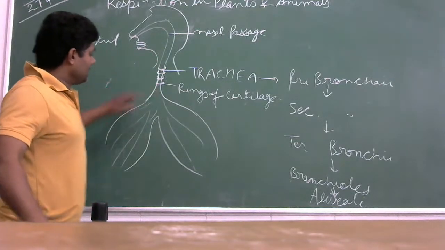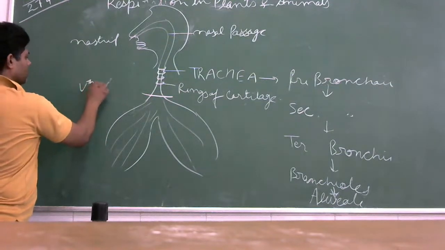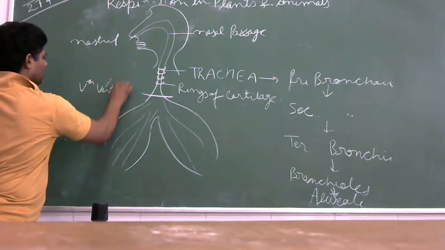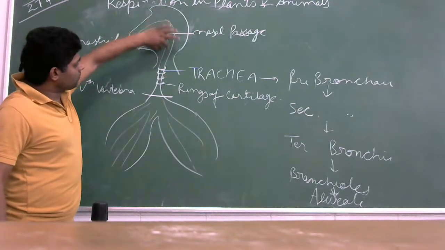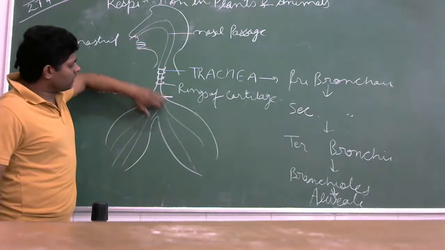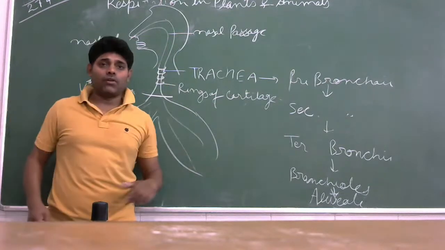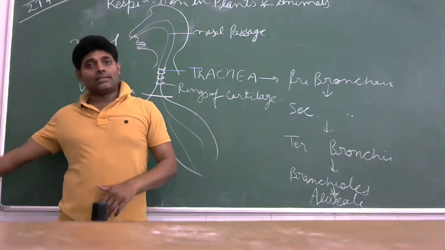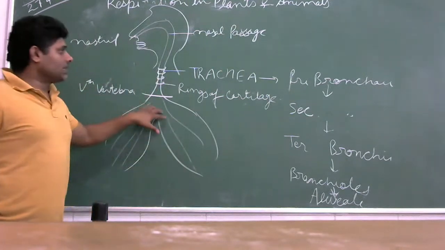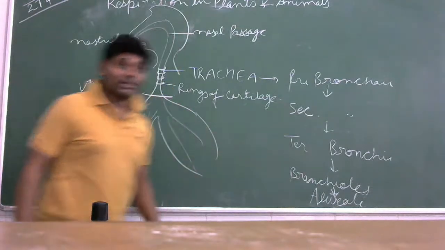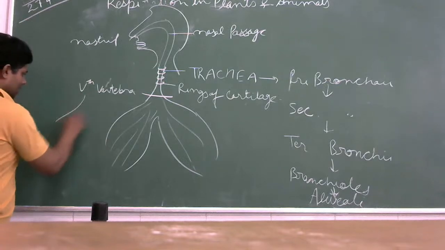First of all, this is the fifth vertebra. The trachea comes from the nasal passage to the fifth vertebra. Then, immediately after the fifth vertebra, this trachea divides into the right bronchus and left bronchus. Then this system divides further, like this. This is the branching.